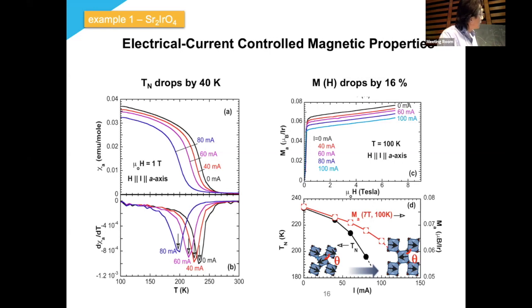This is the data coming from these two sets of data. So all these changes ultimately are because the applied current relaxes the crystal structure and actually reduces magnetic canting. Therefore, we see everything here: reduced Néel temperature, reduced magnetization.